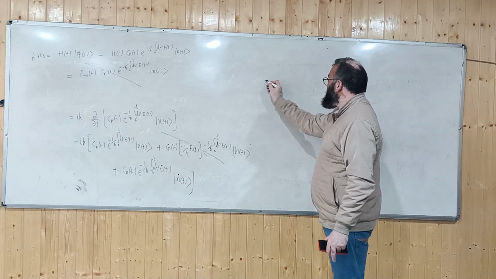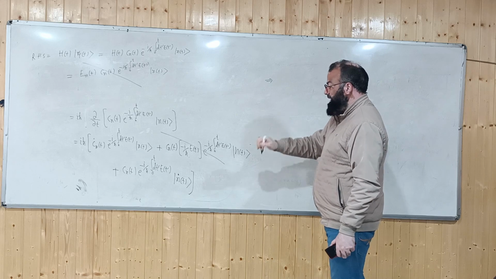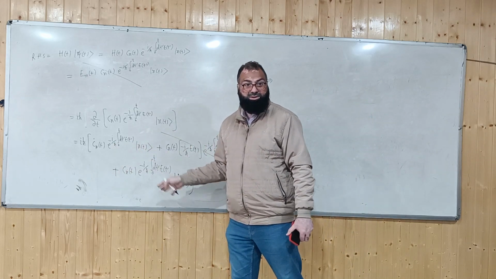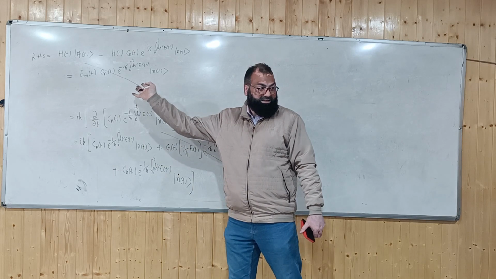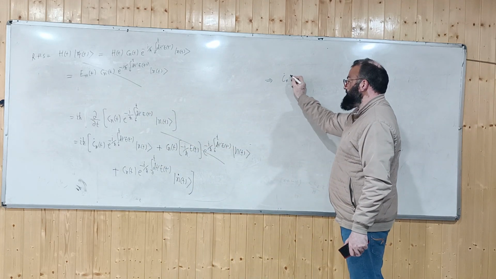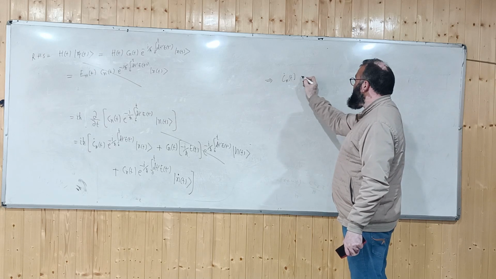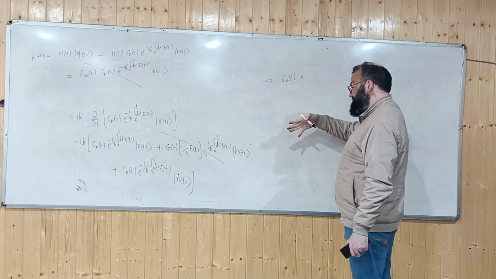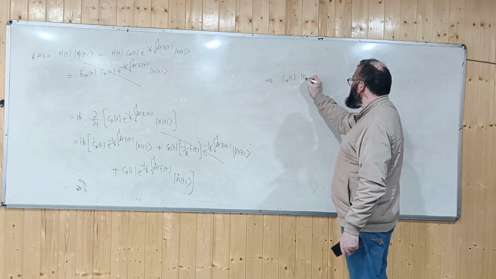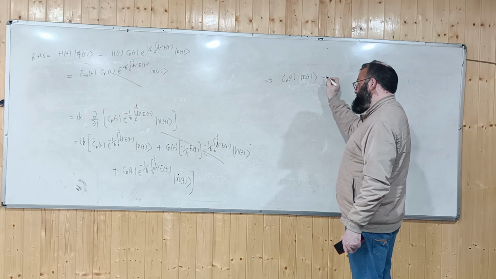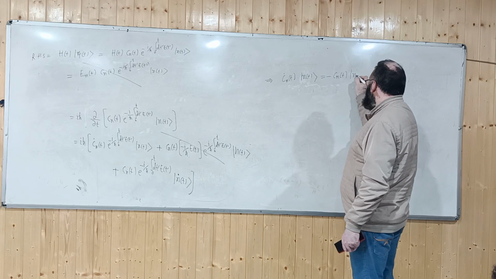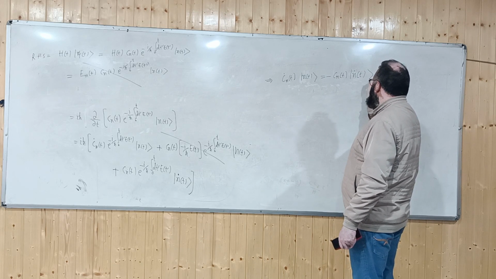So iħ is multiplying both the terms. The sum of these two terms is equal to 0 because there is nothing on the right hand side. So it means this C dot n of t. Then you are having this exponential. Exponential is on both terms, so that I will remove. So what you are having simply |n(t)>, that's equal to minus Cn of t. Then you are having this derivative of |n>.